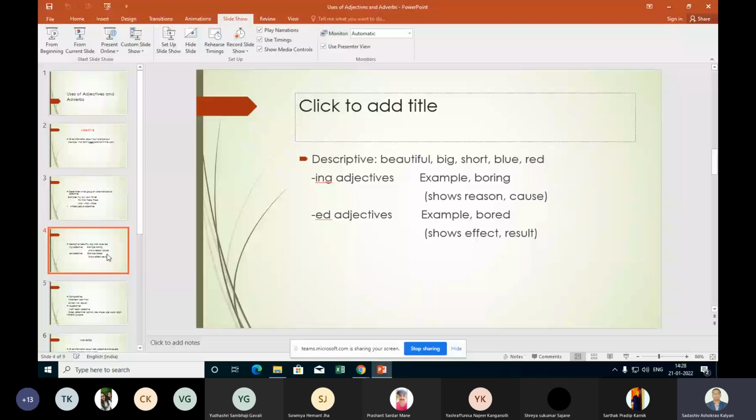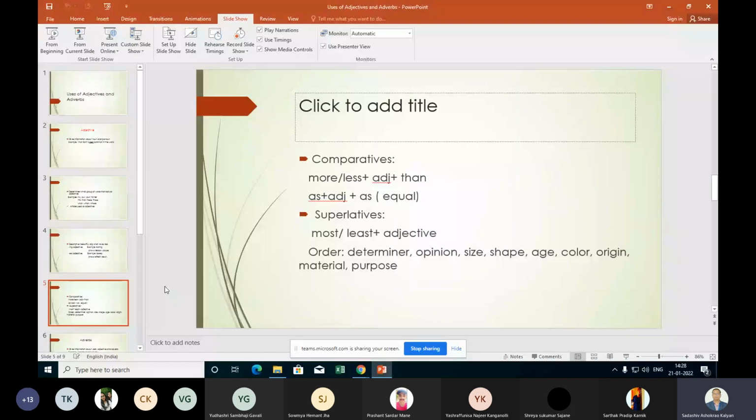Whenever we find verbs with ing and ed, those are also called adjectives. And the forms of adjectives in degrees, the positive, comparative, and superlative degrees, are also called adjectives.